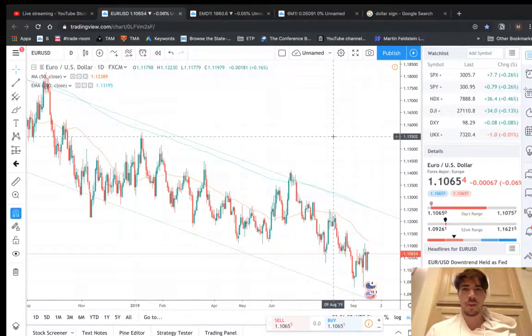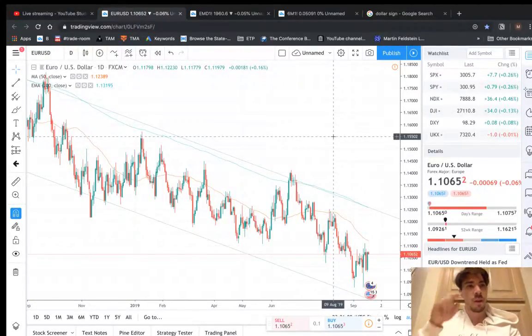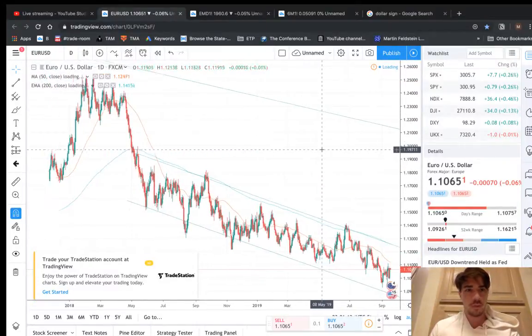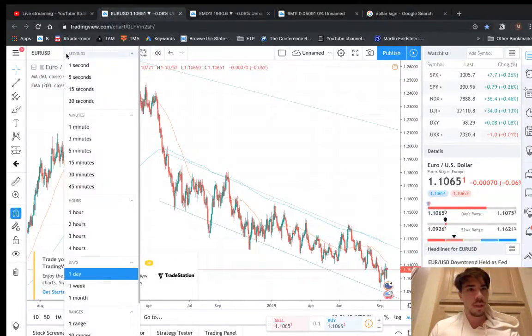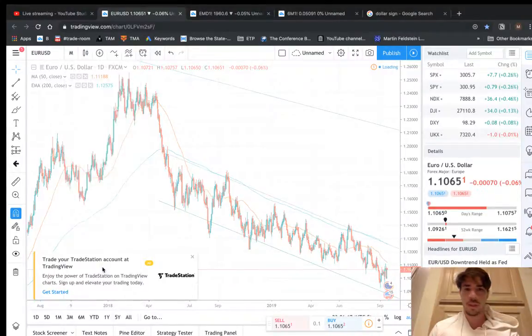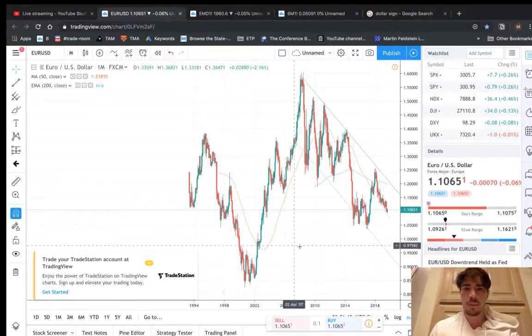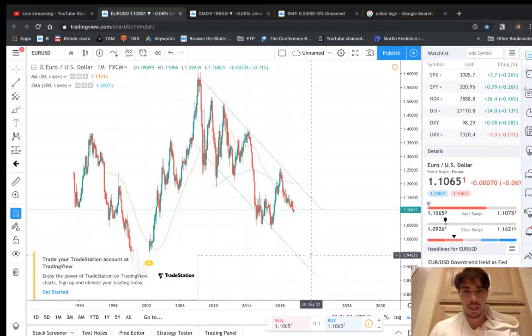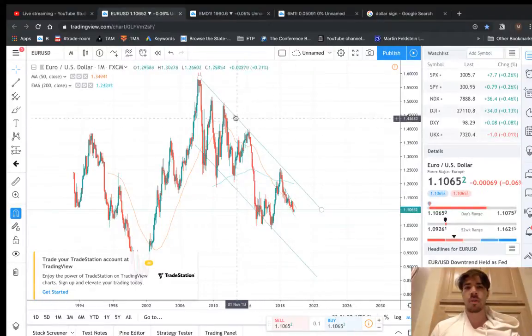For those of you that are here already, you can see this super well-defined channel that the euro is following against the dollar. Zoom out on the monthly time frame, and it's a pretty clean sweep right here. These are parallel lines.